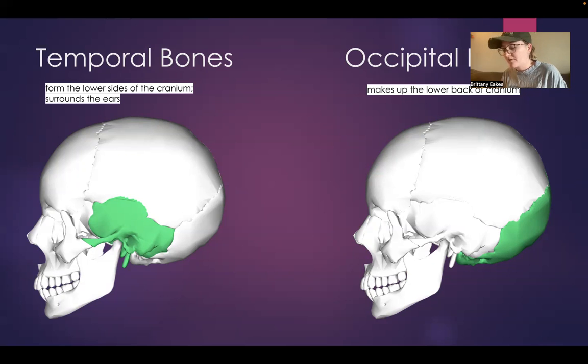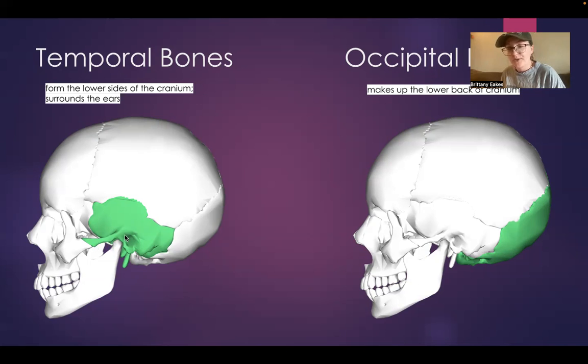So together, the zygomatic process of the temporal bone and the temporal process of the zygomatic bone form a zygomatic arch. So remember, when we talk about zygomatic, that's going to go to the facial bones, but the temporal bones, you can see where it articulates with this.